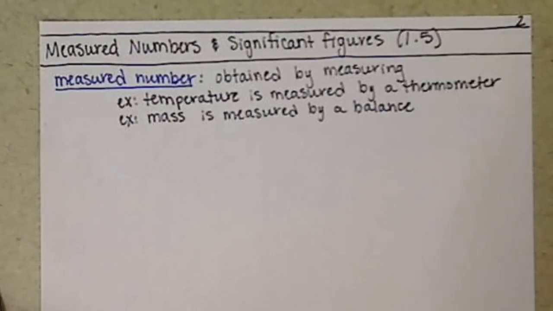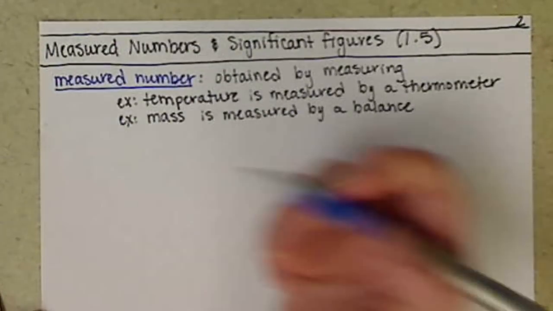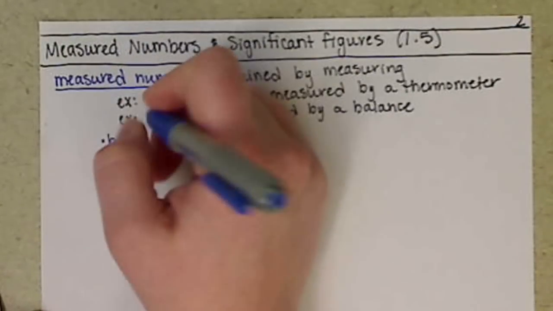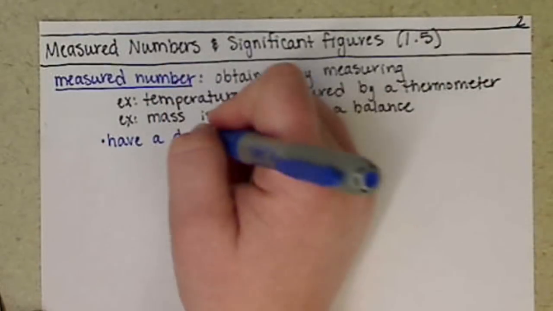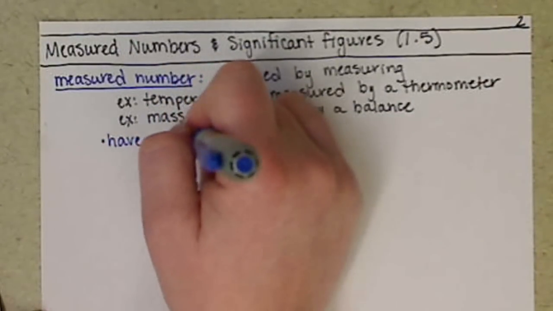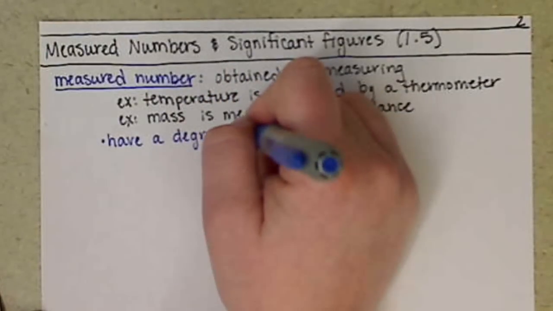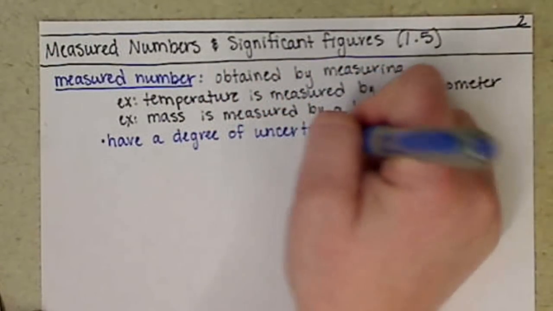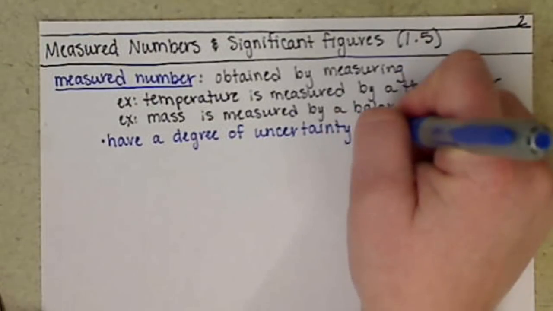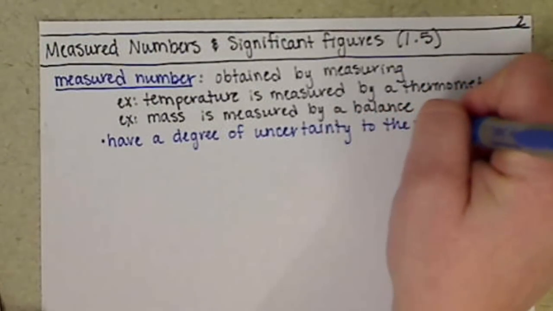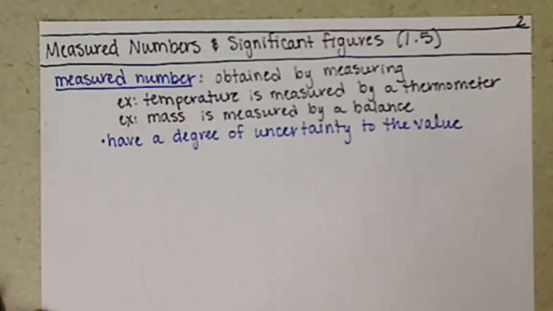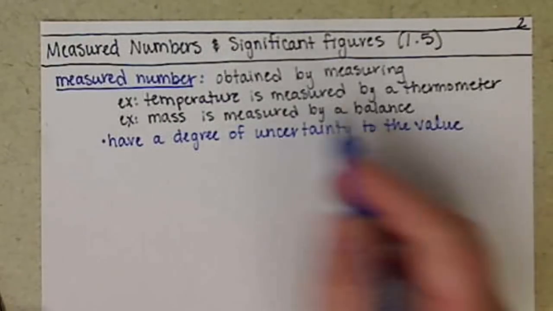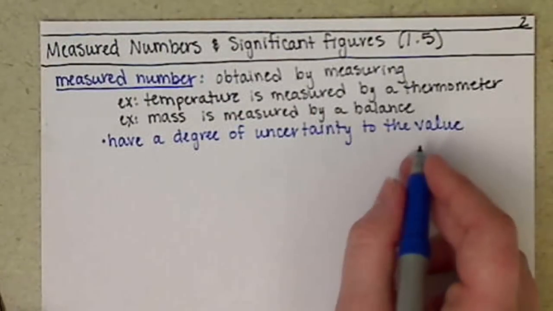There are a lot of different factors. And in chemistry, we have to keep track of where this uncertainty is.